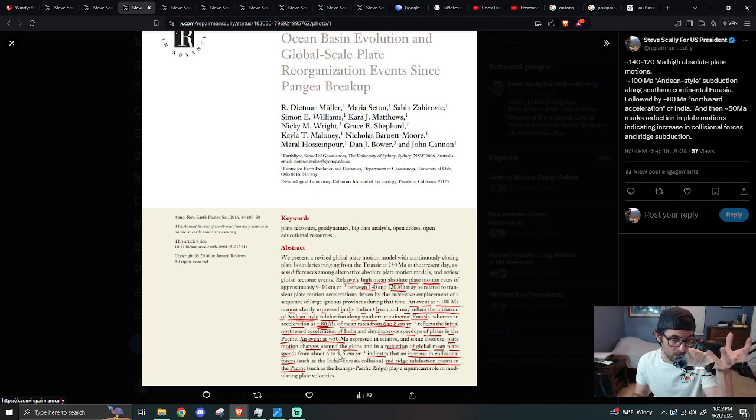So again, resistance builds up, indicates from 6 to 4.4 to 5, indicates an increase in collisional forces, meaning the expansion is actually running into resistance, and ridge subduction events in the Pacific play a significant role in modulating plate velocities.